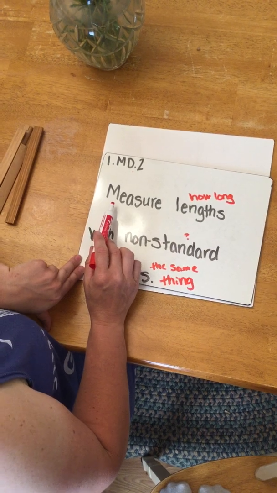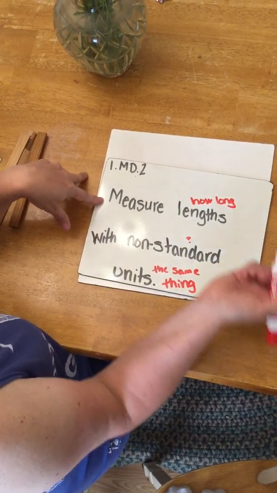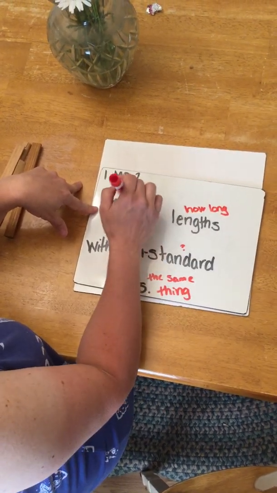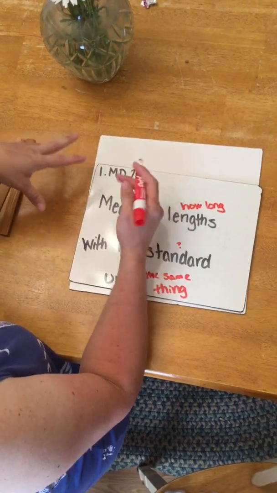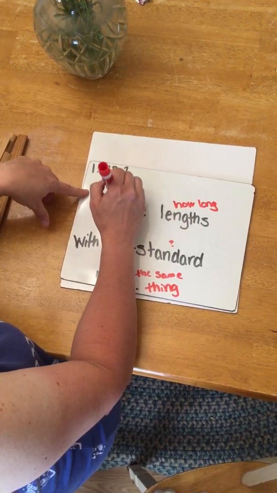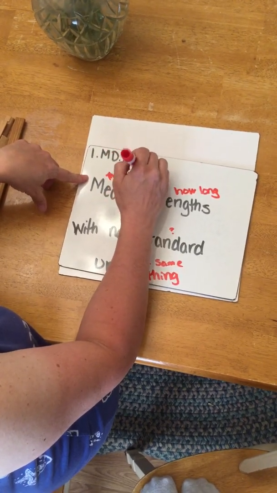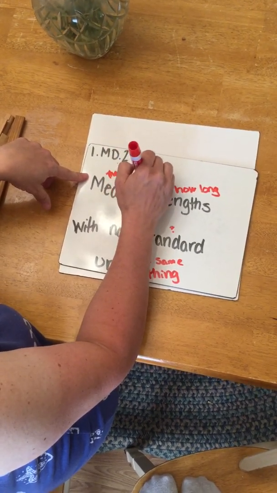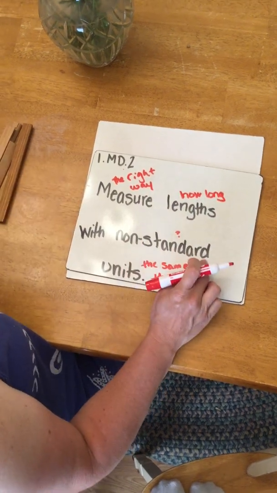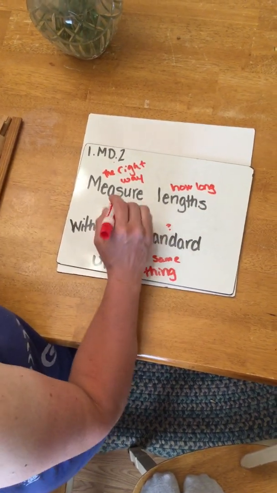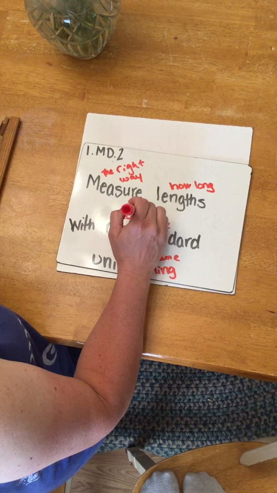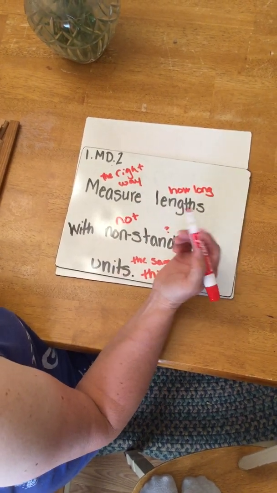So measure means we're going to determine, figure out, and there's a right way to measure. And non-standard: non means not, and standard means like the usual.